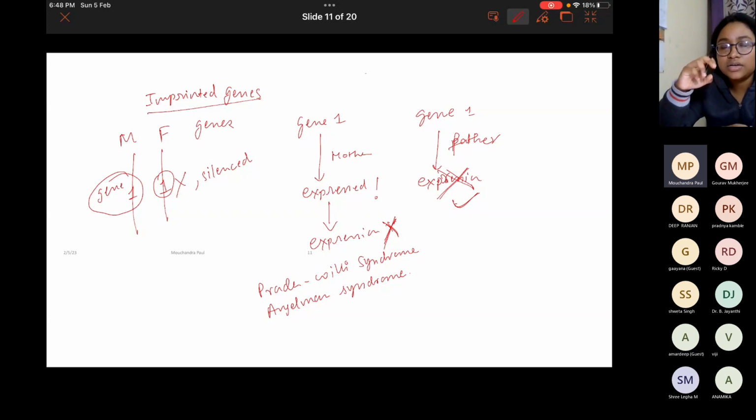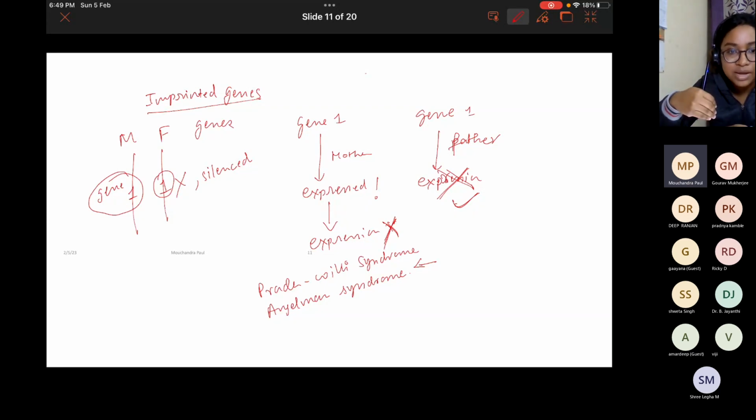There is one region in chromosome number 15. In Angelman syndrome, what happens is that this chromosome 15 region is not coming from the mother. The paternal chromosome 15 region is silenced or deleted, and if it is not coming from the mother, this syndrome happens.